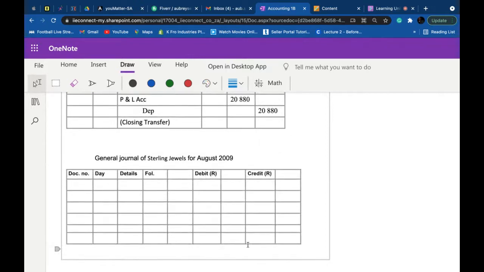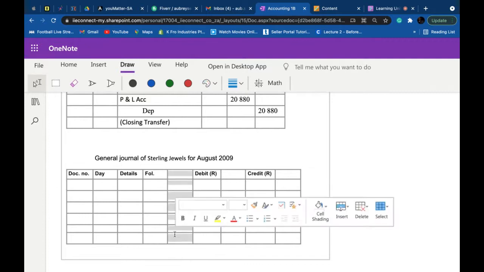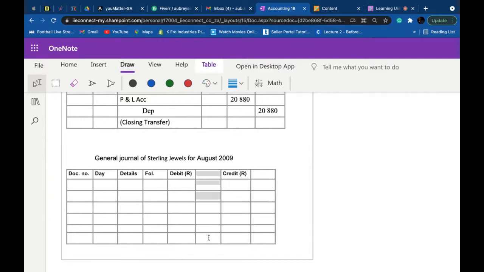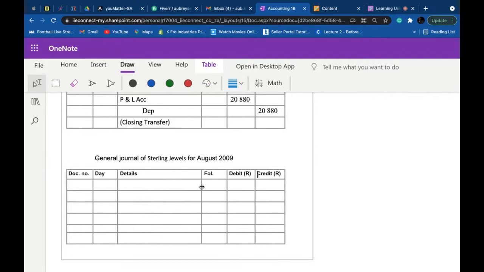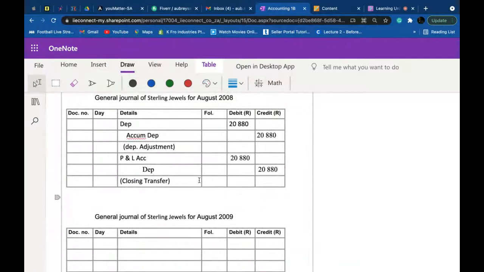So in 2009 we're doing the exact same thing. Depreciation debited, and this was for 76,560.